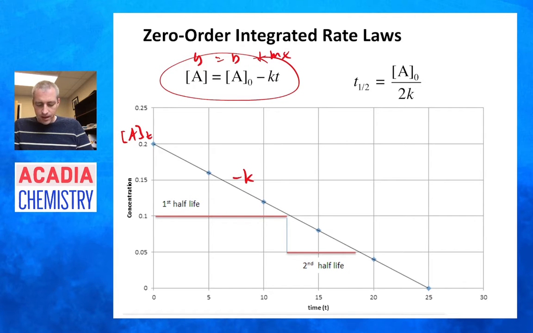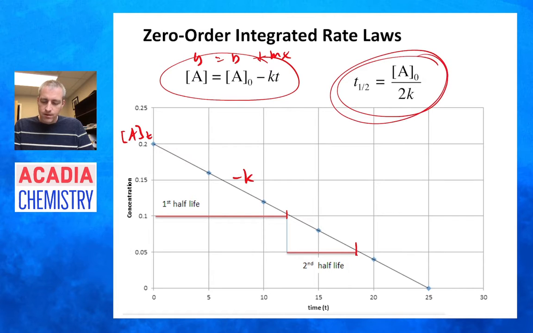And you can see the half-life depends quite a bit on where you start. For it to go from point 2 to point 1 would be the half-life if you're starting at point 2, but to go from point 1 to 0.05 would take only half that time. So again, the half-life is not as useful here because it does depend on what our initial concentration is. Nevertheless, we can still express it that way.